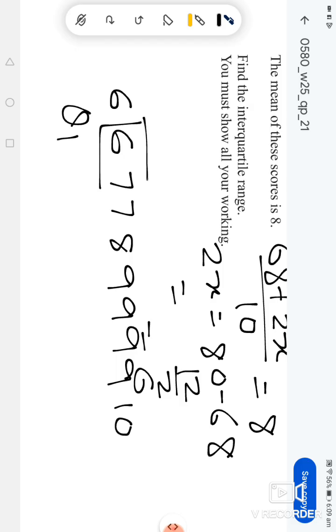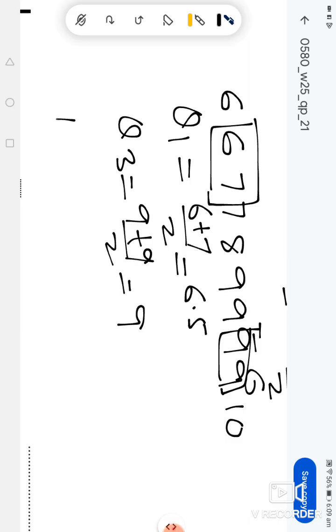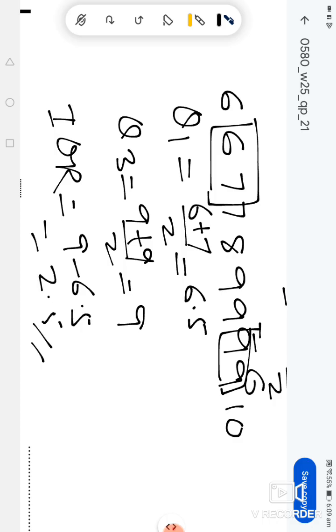Q1 is 6 plus 7 by 2 equal 13 by 2 means 6.5. And Q3 is 9 plus 9 by 2 equal 9. IQR is 9 minus 6.5 equal 2.5. So 2.5.